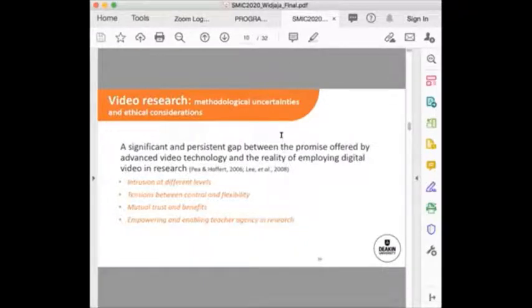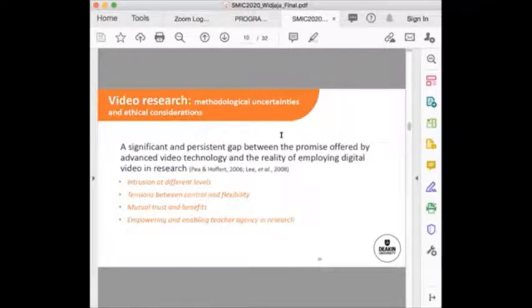The other issue would be the tensions between control and flexibility: how much control do you give to the teachers in terms of recording, and how much flexibility will you allow the teachers? So in our study, for instance, to minimize the intrusion of the videographer or us as researchers, we made a decision not to be in the classroom, and gave the video to the teachers and allowed them to capture the data themselves.